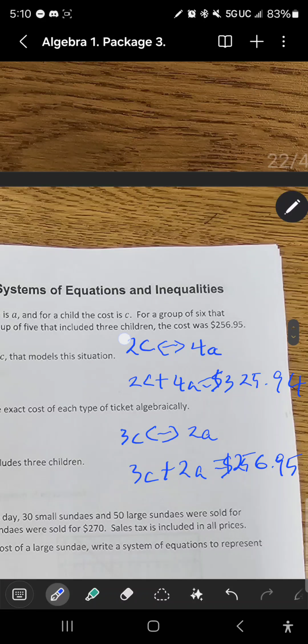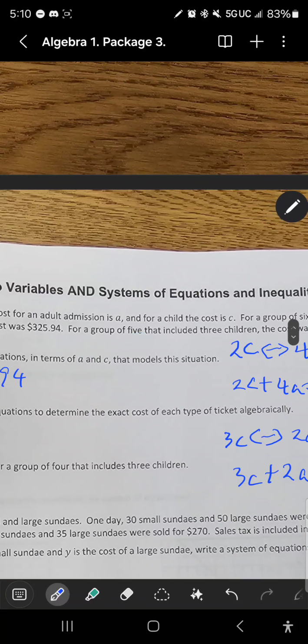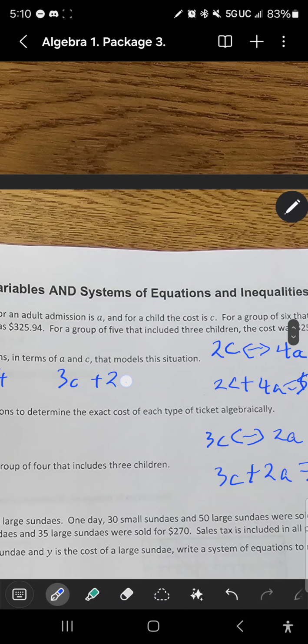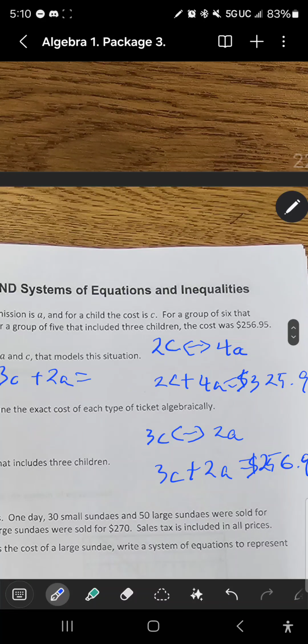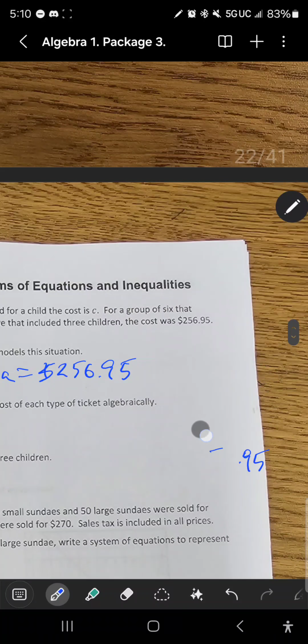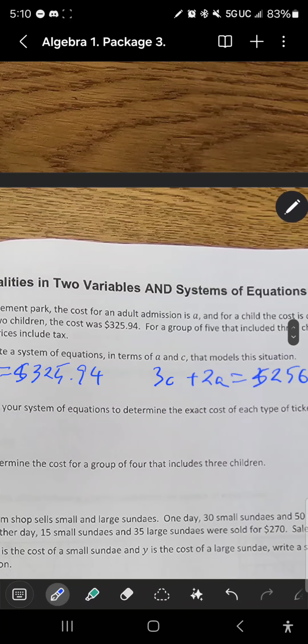On the other hand, we have 3 children plus 2 adults, which is going to be equal to $256.95. So this is basically what it says.